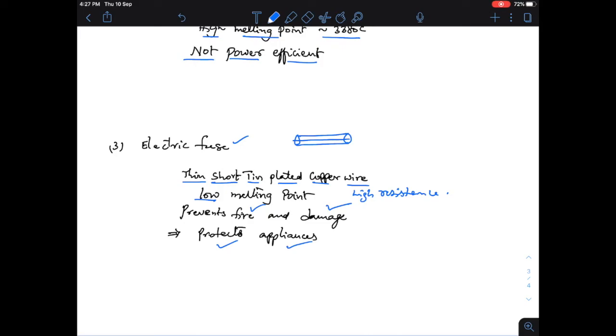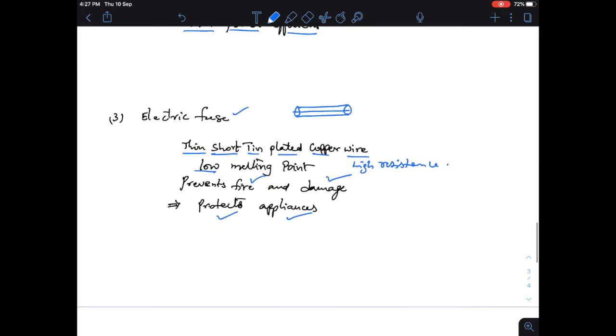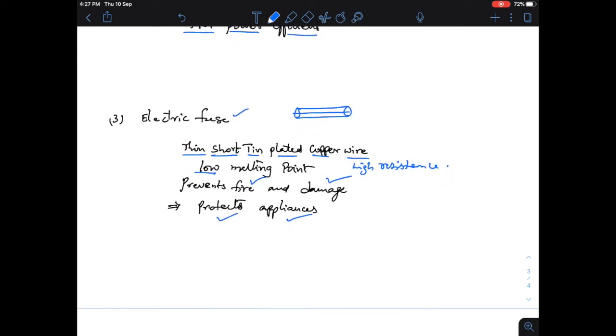How does that do? When a current is increasing, then the fuse wire gets heated up too much because it has low melting point. The temperature increases and it melts and breaks the circuit, due to which current stops flowing. The moment the circuit breaks, current stops flowing.